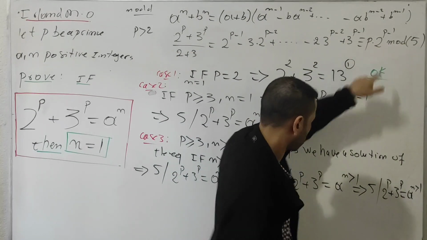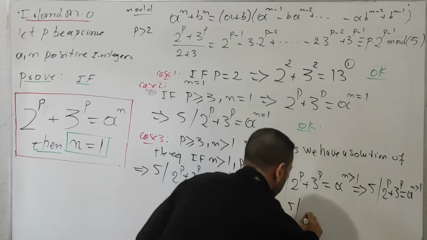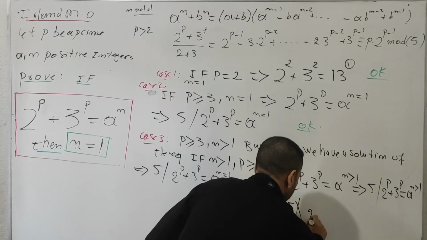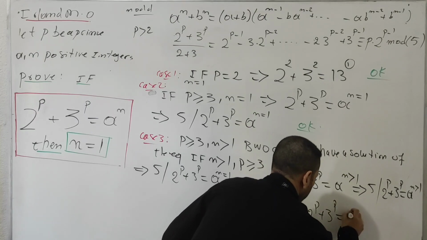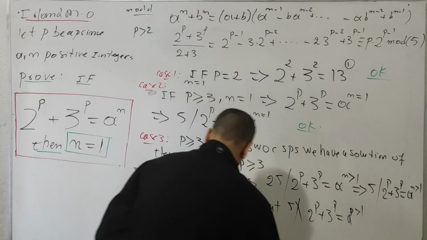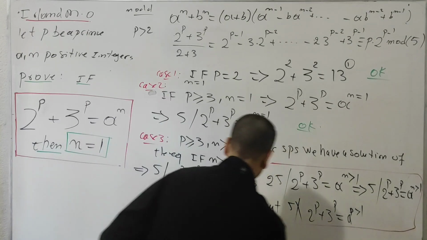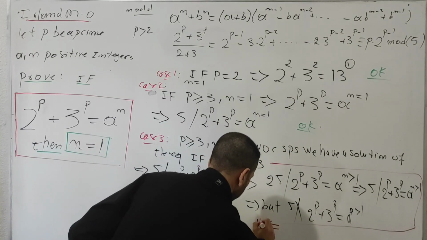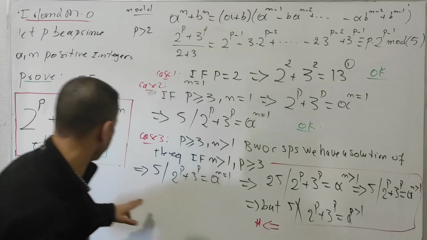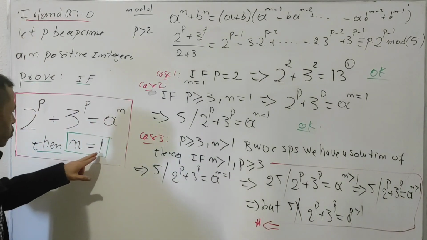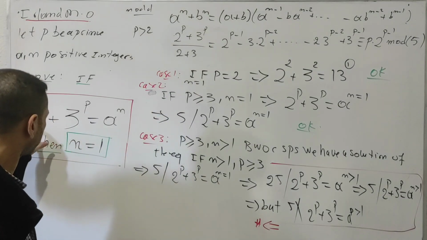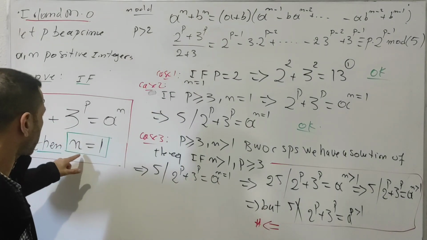That means 5 does not divide 2 to the p plus 3 to the p equals a when n is strictly greater than 1. Okay, so this is a contradiction. This means we don't have a solution for this equation when n is strictly greater than 1. So we have the solution for this equation only when n equals 1.